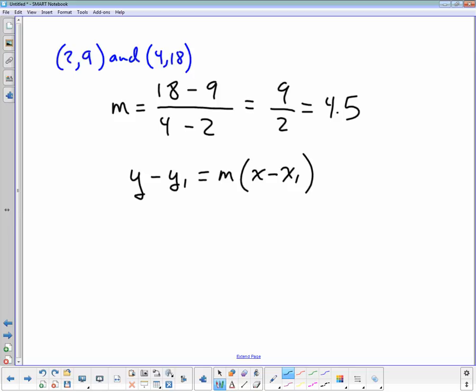Now we use the point slope formula. And you can use either data point. Let's just keep it at 9 over 2, x, and we used that, so we'll use 4.